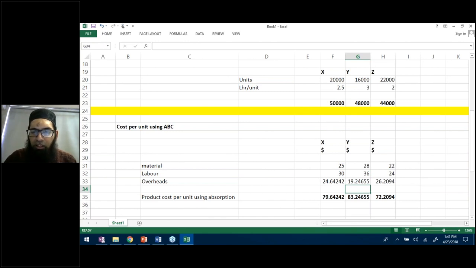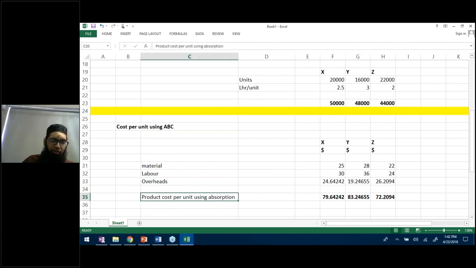So these are the overheads based on activity based costing. And I have also identified the product cost per unit using absorption costing as well. I should readjust it using ABC.